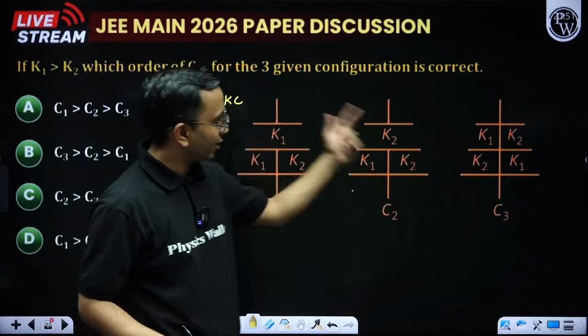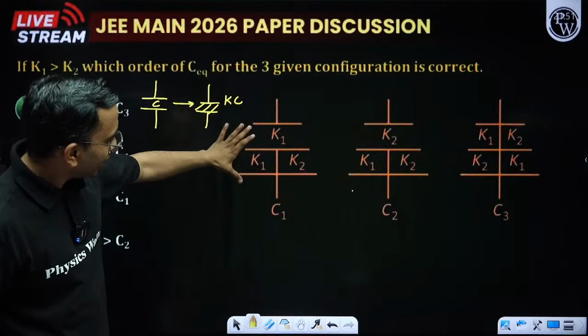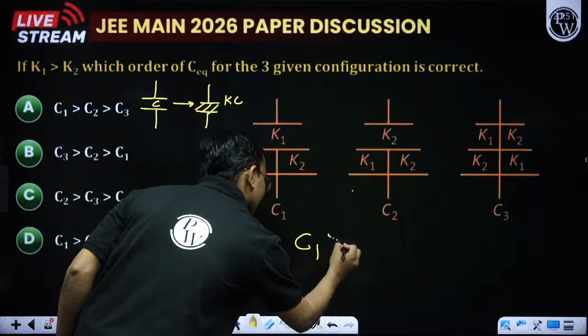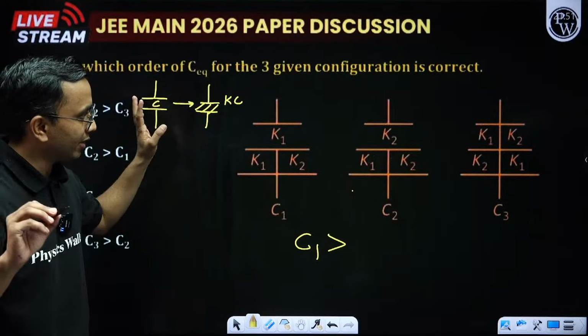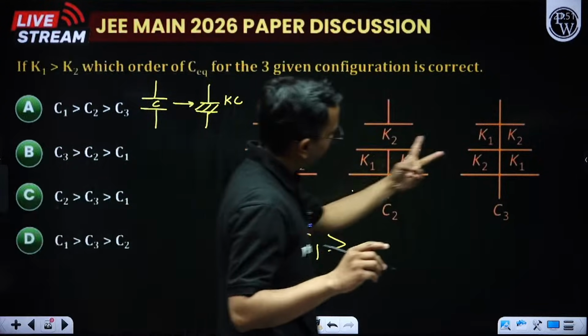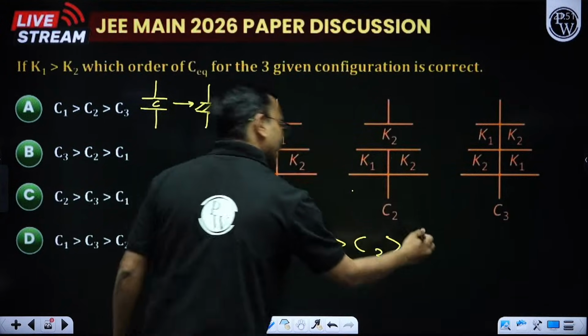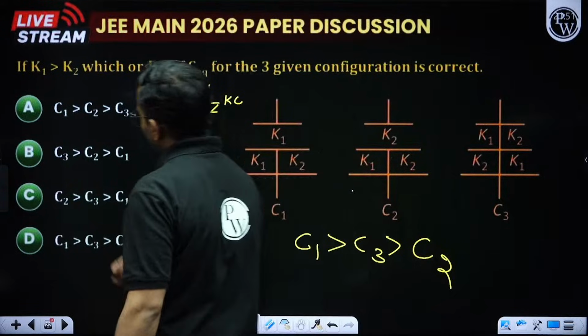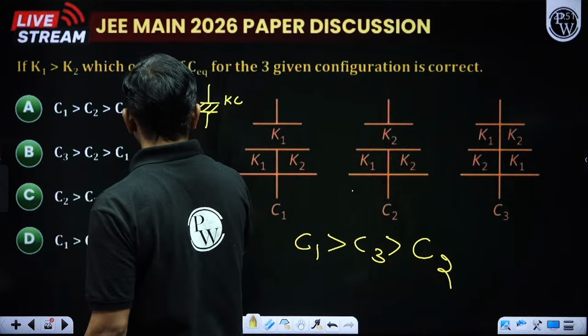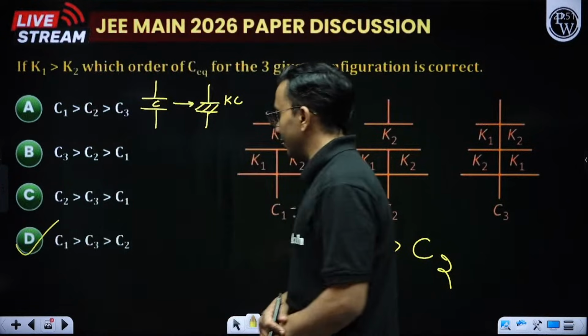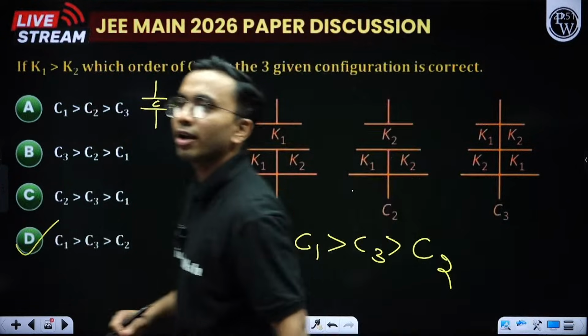K1 is greater and that is in the larger space, so C1 is greatest certainly. Then K1 is in larger space in C3, and K1 is in least space in C2. So C1 is greater than C3, which is greater than C2.